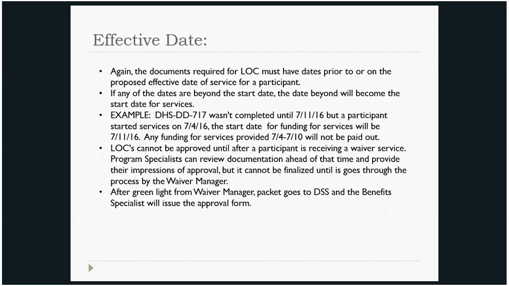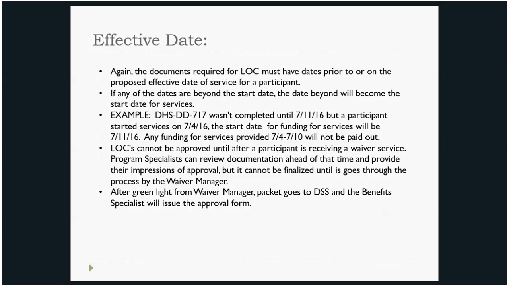And if it's a denial, it also goes to DSS for processing. But after you receive a green light from the waiver manager on the level of care, so it goes to the program specialist, we send it to the waiver manager, and if all is good, no further questions, eligibility is there, all the documents are there, they're legible, then the packet goes to the Department of Social Services, to the assigned benefits specialist, and they will issue the approval form out to you all.